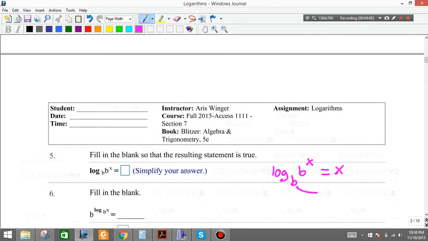The quick and dirty way to think about this is that they cancel each other out, and you're just left with x. The answer is x.